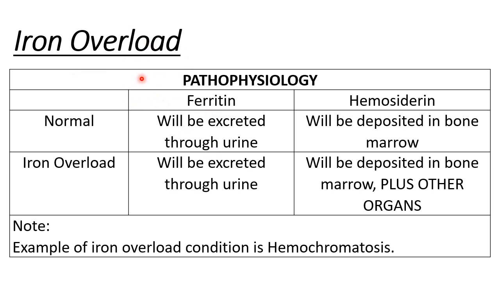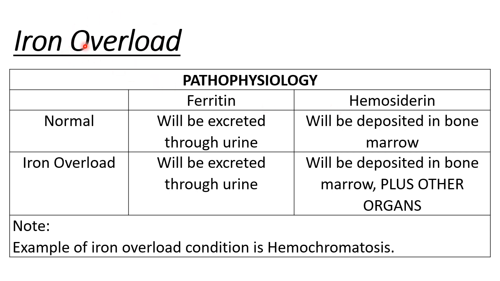So, in this problem kasi, no, normally, ang ferritin should be excreted through urine and hemosiderin is deposited in bone marrow and in other organs na kailangan ng iron such as in liver and spleen. So, ito ang normal storage area or the normal pathway for the ferritin and hemosiderin.